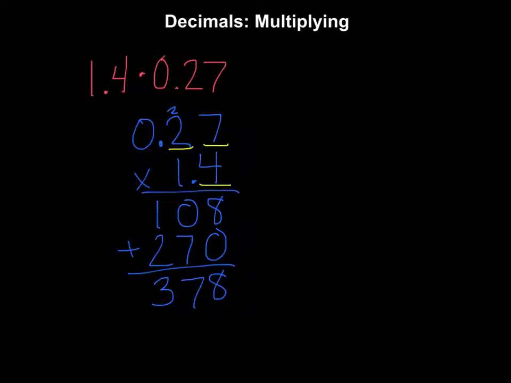So that's a grand total of 3, which means that our product needs to have 3 decimal places. So this will be 1, 2, 3 decimal places, which means my decimal has to go out there. So my final answer is 0.378.